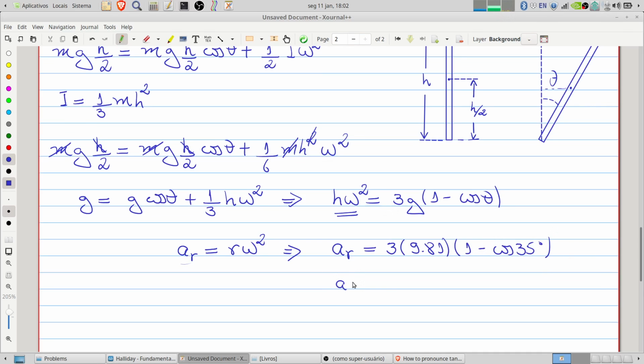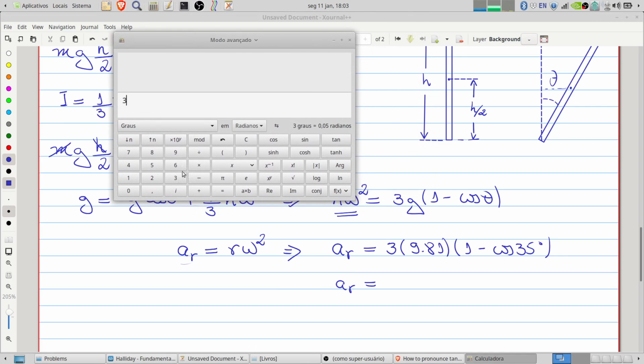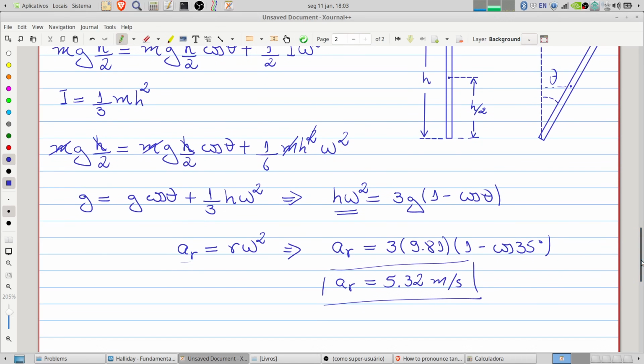Let's use our calculator: 3 times 9.81 times 1 minus cosine of 35 degrees. So 5.32 meters per second squared. This is the radial acceleration. So we solved item A.